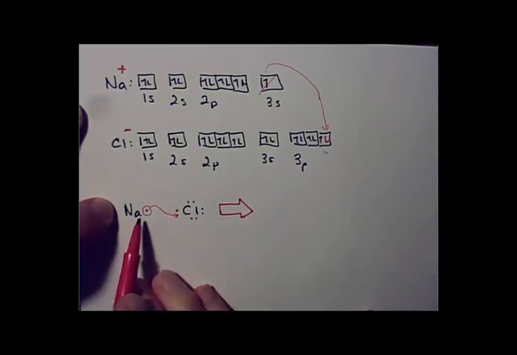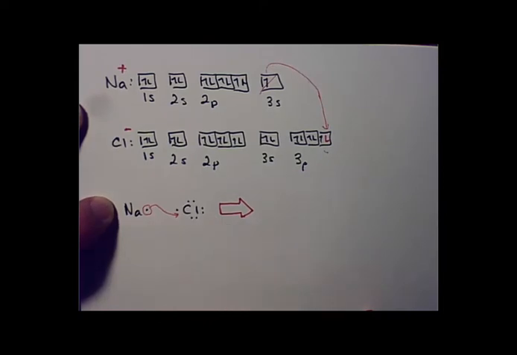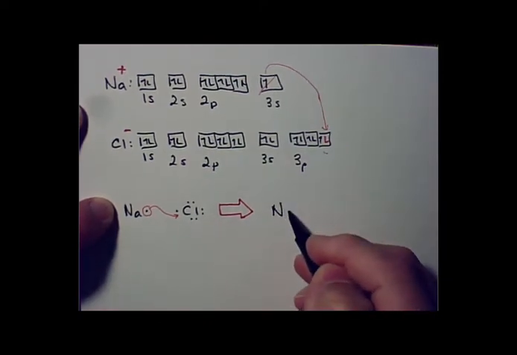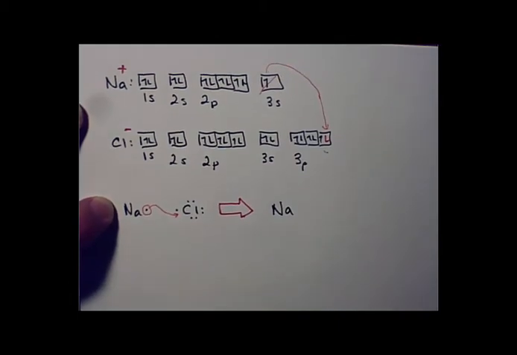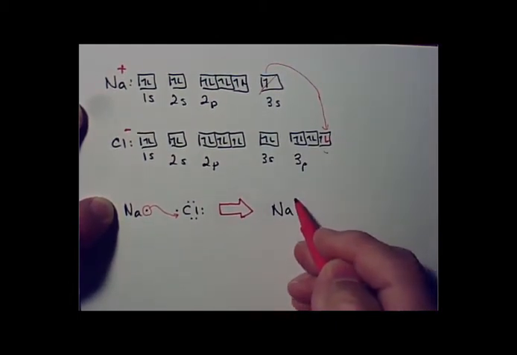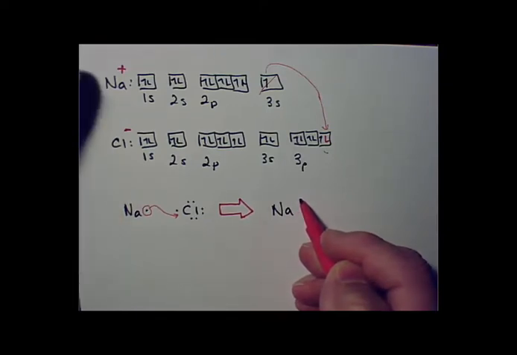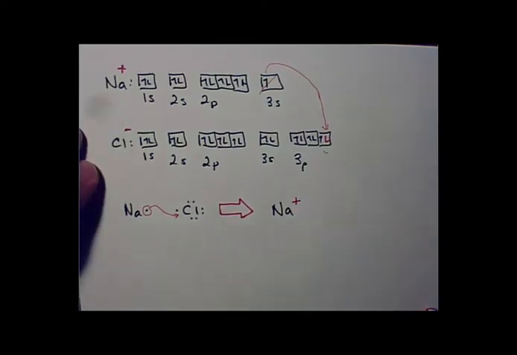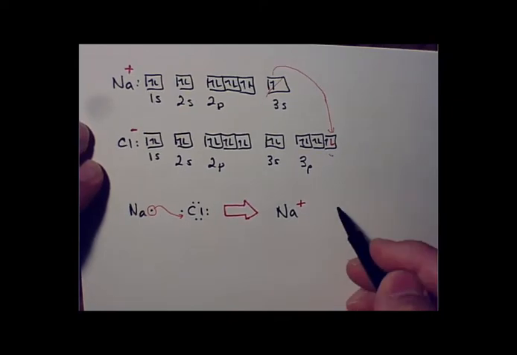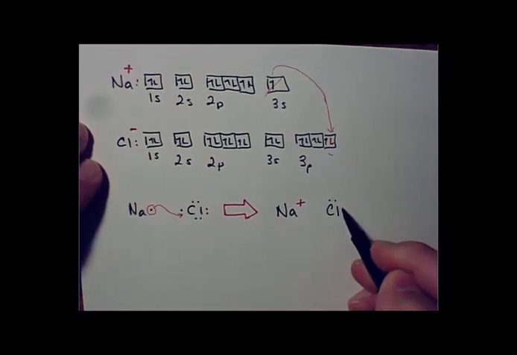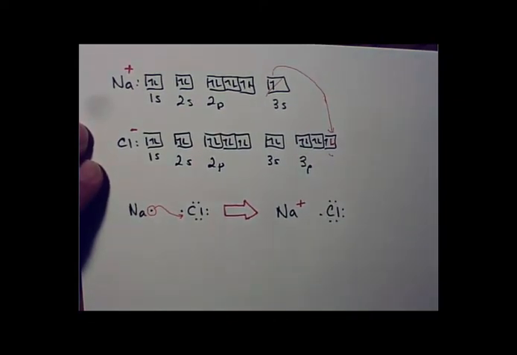Now we're going to show what it actually does at the end. So sodium now has no electrons. And since it has no electrons, it has what kind of charge? Positive. Okay? And chlorine started out with 7 electrons, and now it has 8.